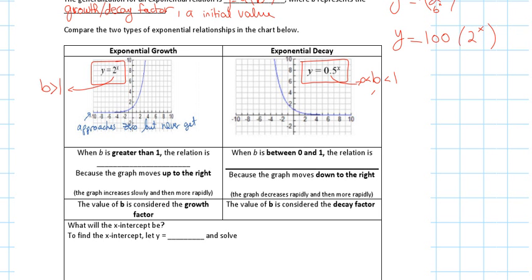So when b is greater than 1, the relation is exponential growth. And when b is between 0 and 1, the relation is exponential decay.